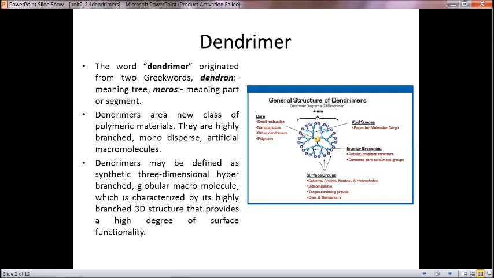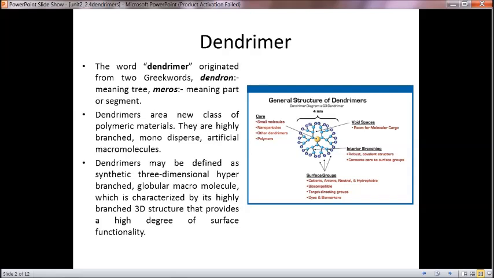They are highly useful in making dyes and as biomarkers. So this is the general structure of a dendrimer with core, void spaces, interior branching and surface groups with different characteristics.